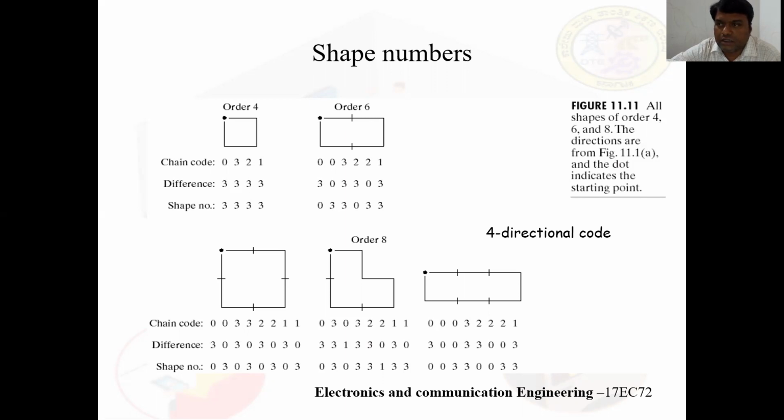Example, shape number of order 4, the dot indicates the starting point. Chain code 0321, difference, shape number. Order 6, chain code 003221, difference 303303, shape number 033033.